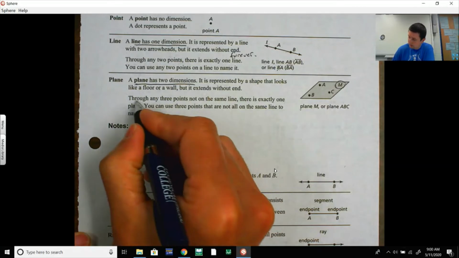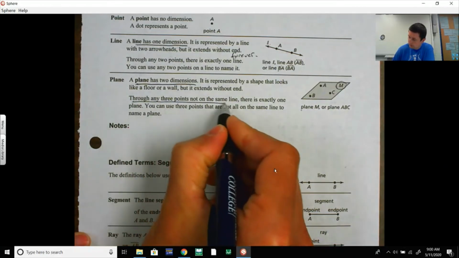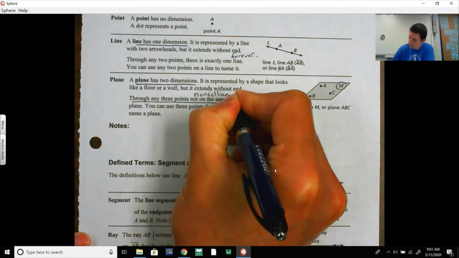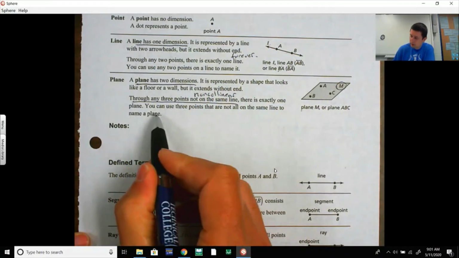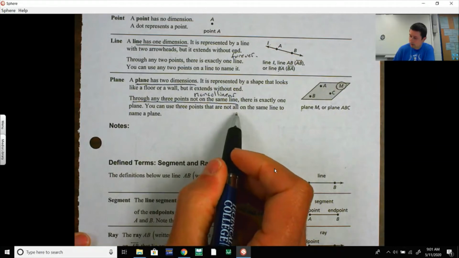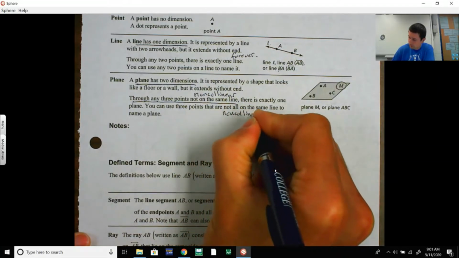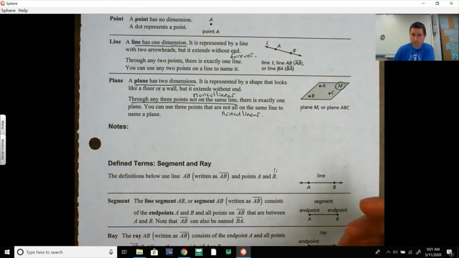So this is what it means here. Through any three points not on the same line, that is the word non-collinear, there's exactly one plane. You can use three points that are not all on the same line, that are non-collinear, to name a plane.